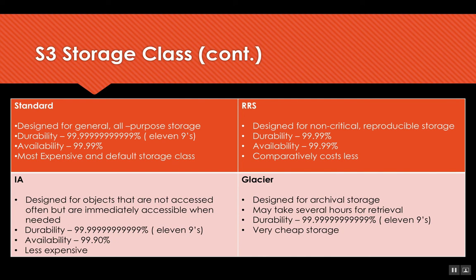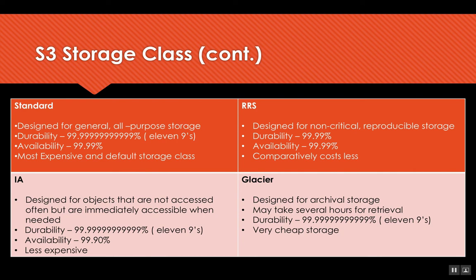Coming to infrequently accessed, it is designed for objects that are not accessed often, but whenever you need them, they should be available immediately. They should not have any kind of latency when required. So it's again 99.999999999%, 11 nines, durable and has 99.90% availability. It is less expensive in comparison to standard and RRS storage classes. And then comes Glacier.